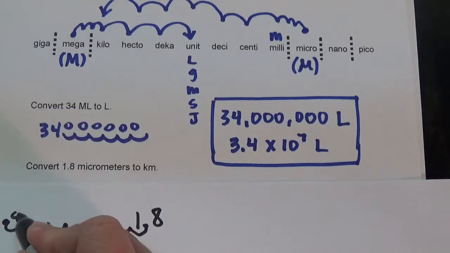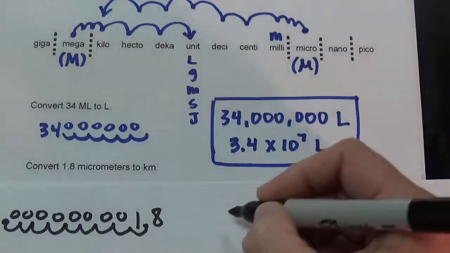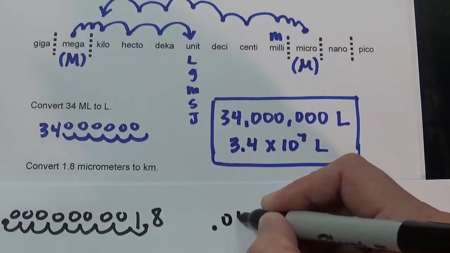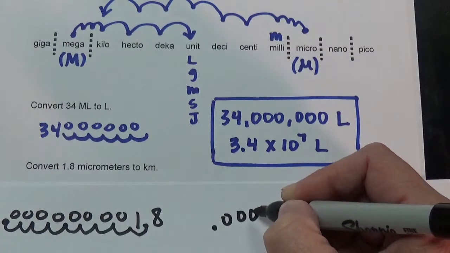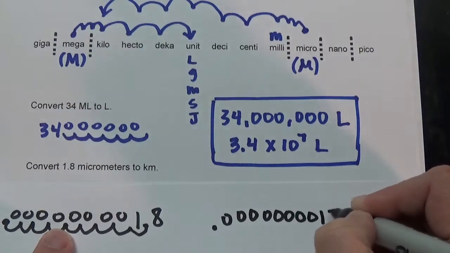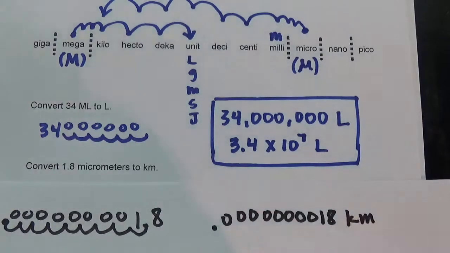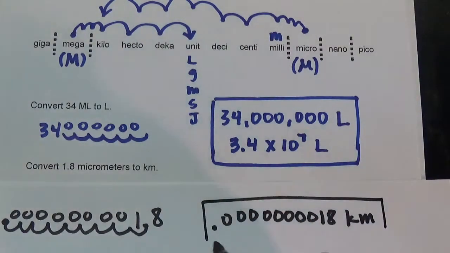Place our decimal and fill in with zeros. And we get 0.00000000018. We check our units and see that they should be kilometers. So there's your answer for that one.